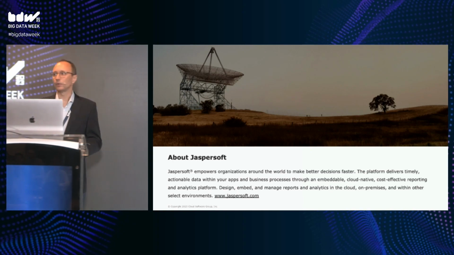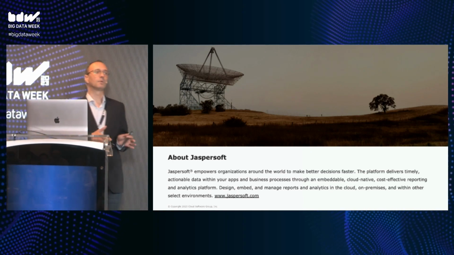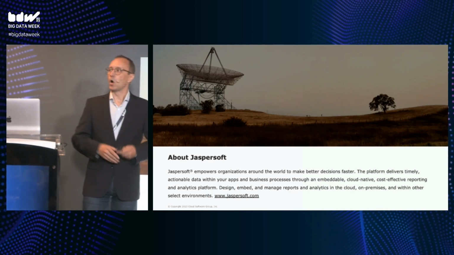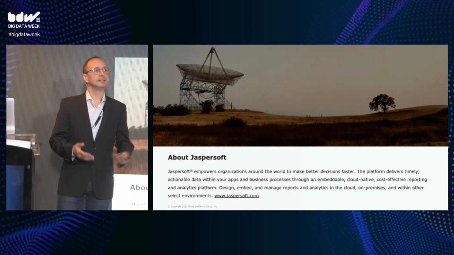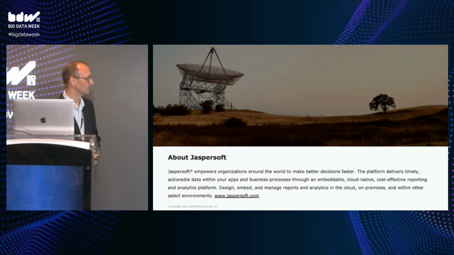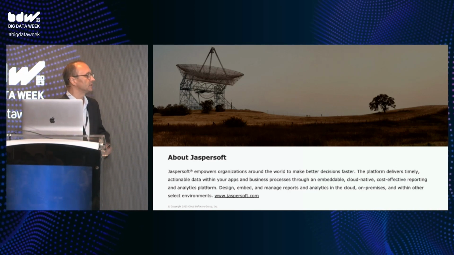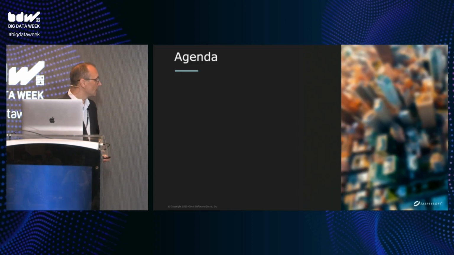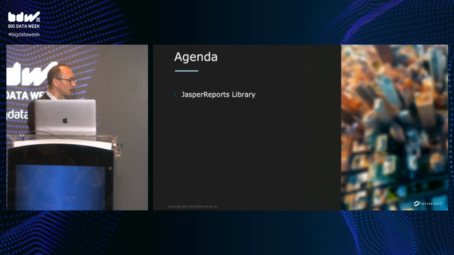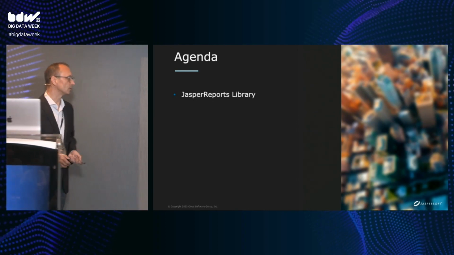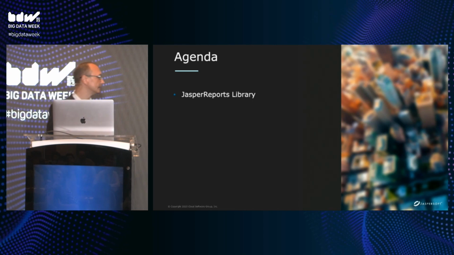And today we're going to focus only on a couple of our products that are offering scalability and deal with big data and the interesting topics of this conference, let's say. So we'll start by talking a bit about the origins of JasperSoft with the JasperReports library open source product.